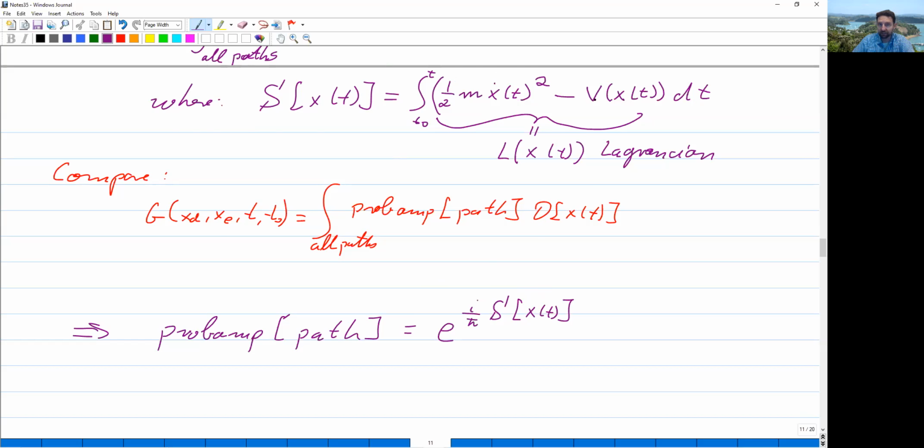In fact, it is the classical action. Plugging into this formula, getting a number, the so-called action, and then e to the power of i over ħ times that number is the probability amplitude for the particle to have taken that particular path.